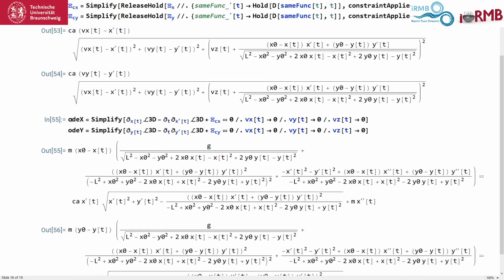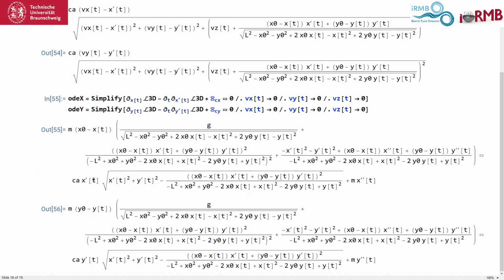And now we can set up new ordinary differential equations for x. So we take the Lagrangian in 3D. We do this for x, we specify velocity. We do this for y, and then we get these ordinary differential equations.